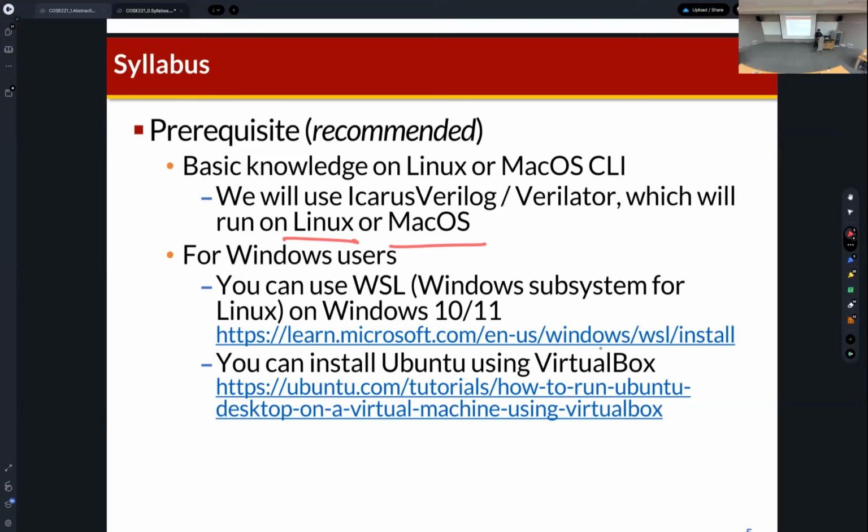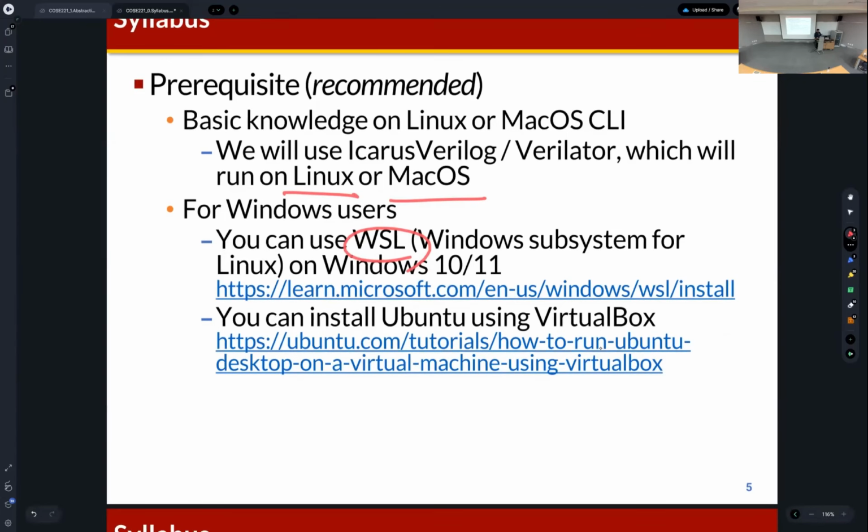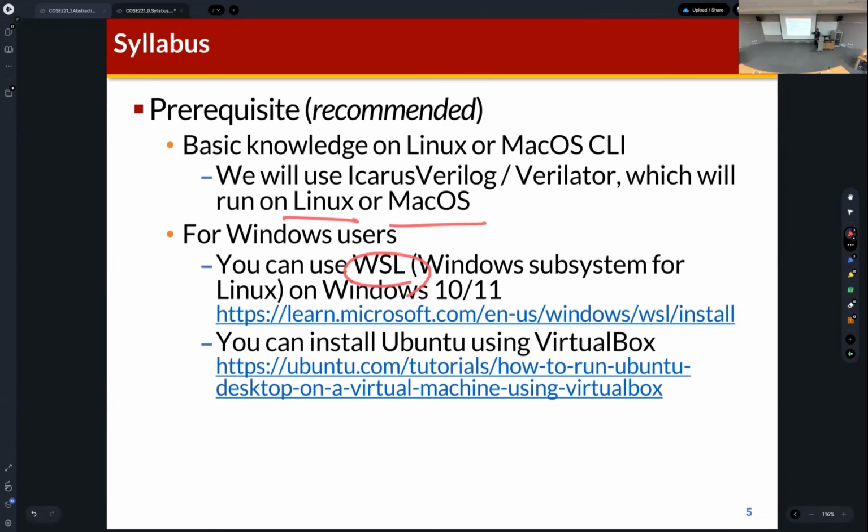And you can also use WSL. Even though you use Windows only, you can install WSL on your Windows 10 or Windows 11 operating system. Just click this link if you want to know how to use WSL. I will not teach about installing WSL on the Windows operating system. Also, you can install Ubuntu using VirtualBox. If you want to use the full Linux operating system, you can use VirtualBox.